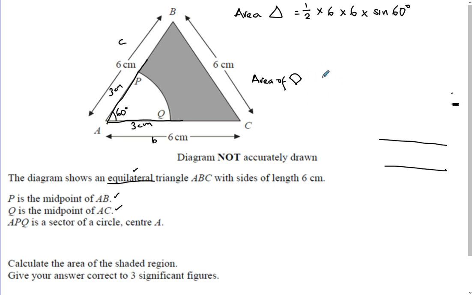So the area of the sector, what fraction of the circle is it? 60 divided by 360, and then we're going to go pi r squared. So pi times, and then you can tell the radius of this circle here would be 3. That would be the center. So we've got 3 squared.